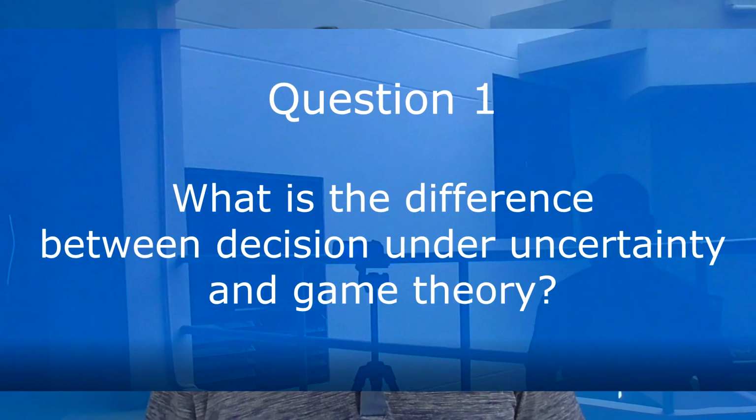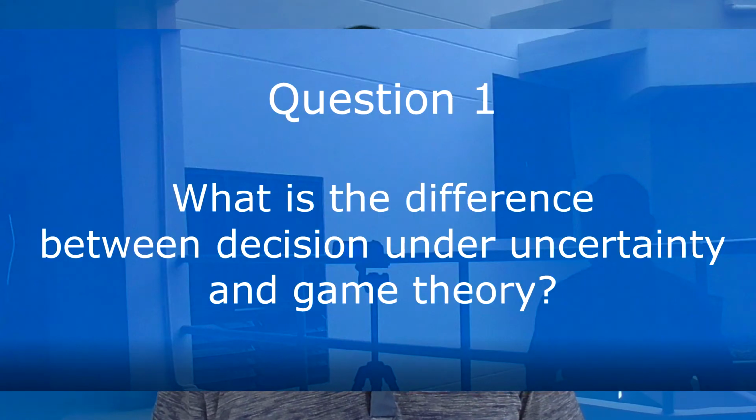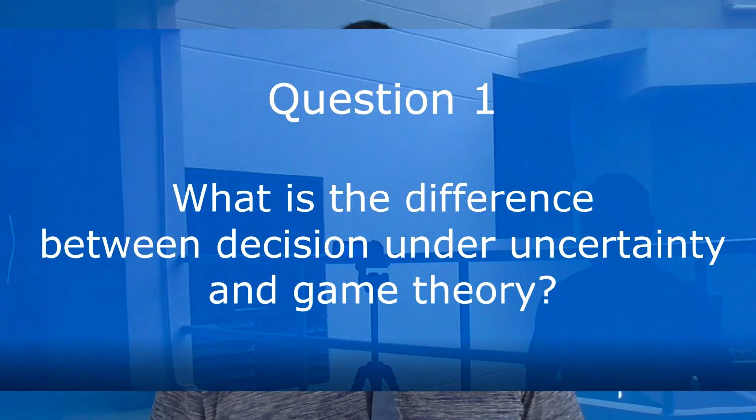Number 1. What is the difference between decision under uncertainty and game theory? You see that the decision under uncertainty is just one person making the decision under the probability of the environment, good environment or bad environment, or good luck or bad luck. However, game theory is different because game theory is about more than one player.